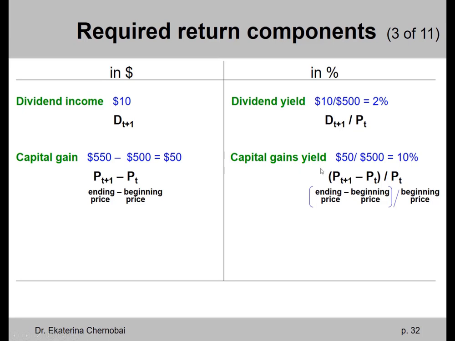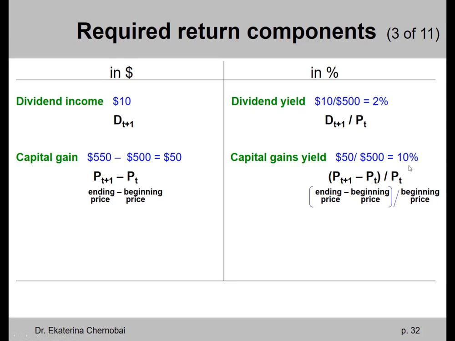The capital gains yield is the same thing expressed in percentage terms, where we take the $50 capital gain and divide again, just like with the dividend yield, by how much we invested, which is the $500 that was paid to buy one share. So $50 divided by $500 gives a 10% return.